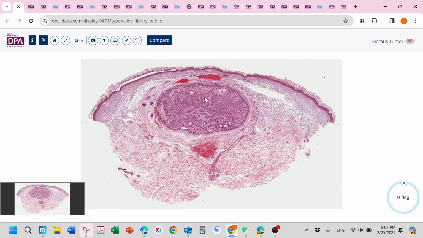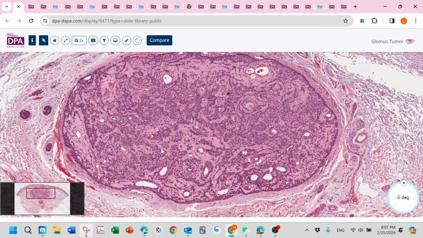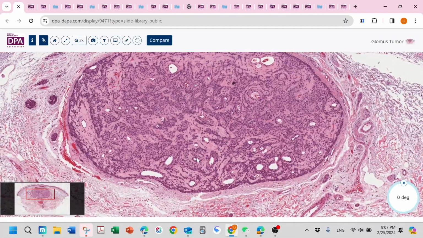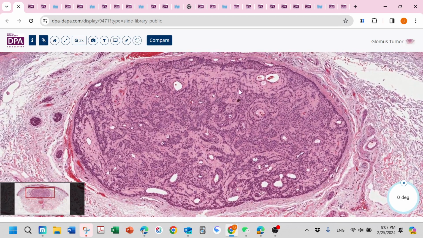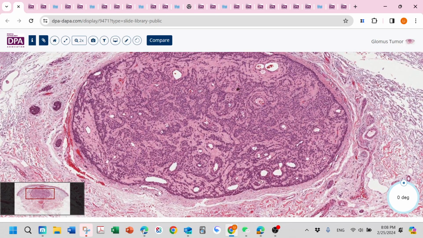Then let's zoom in a little bit. So we can see this bluish small cell, really monotonous, but they have a growth pattern where they always try to surround this blood vessel. Even when the vessel goes out of the lesion, this cell also would like to hug the blood vessel endothelial cells.